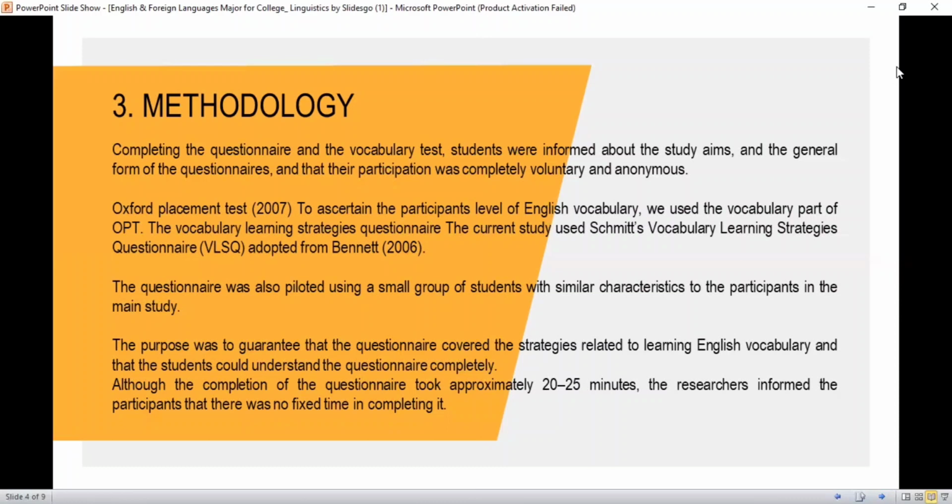The questionnaire was also piloted using a small group of students with similar characteristics to the participants in the main study. The purpose was to guarantee that the questionnaire covered the strategies related to learning English vocabulary and that the students could understand the questionnaire completely. Completing the questionnaire took approximately 20 to 25 minutes, although the researchers informed the participants that there was no fixed time for completion. Next.